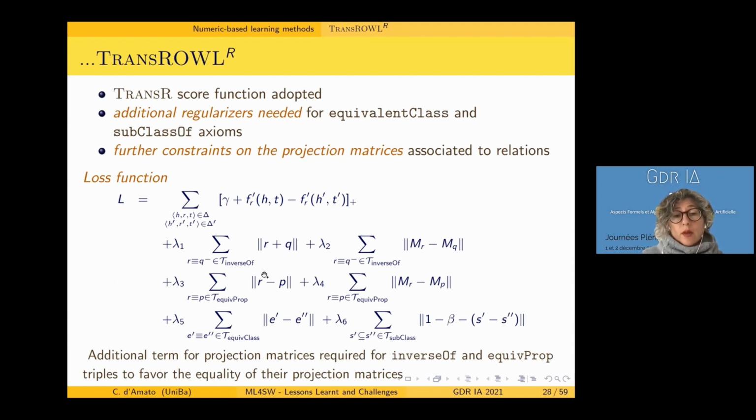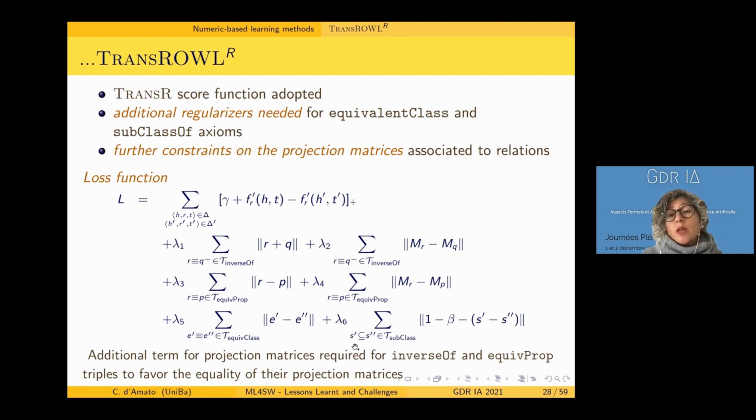And this is what happened here, with this regularizer for the equivalent property and this other regularizer for the equivalent class. Even more so, we need to take into account that TransR adopts projection matrices for putting together the two different spaces in which the resources and the relationships are mapped.